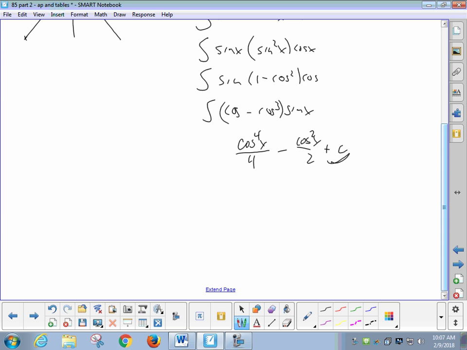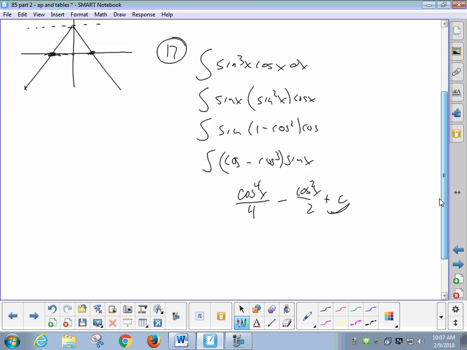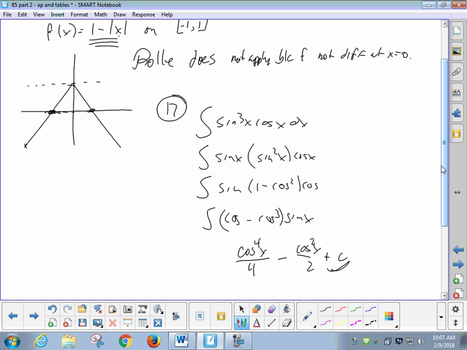Sometimes you can get equivalent answers because the constant subsumes the difference between the two functions. You overworked this because you already had a single one off to begin with, so I think it would have been best to just say, there's my u, and there's my du. I did the same thing the first time I did this problem, so I can't say that I blame you.